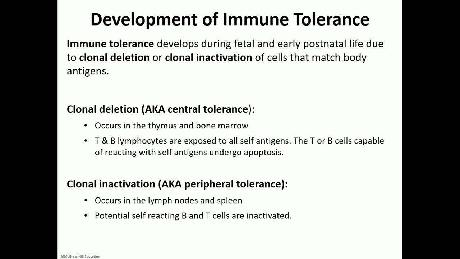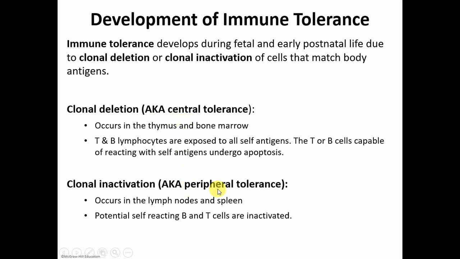So your own body takes a look at all your T and B lymphocytes, looks at all of your antigens, and if any of your immune cells are going to attack your cells, it will undergo apoptosis. That is known as clonal deletion or central tolerance.